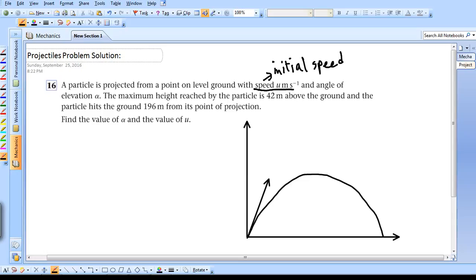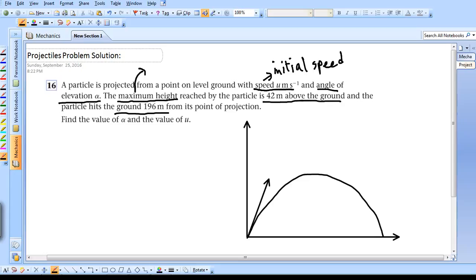The angle of elevation is given by alpha. The maximum height reached by the particle is 42 meter above the ground and the particle hits the ground 196 meter away. Well, there are two separate distances given. Displacements are given, two separate displacements.